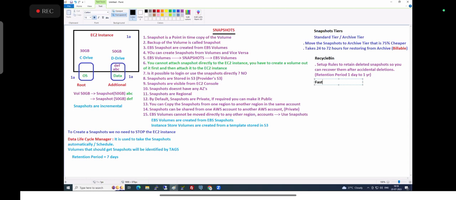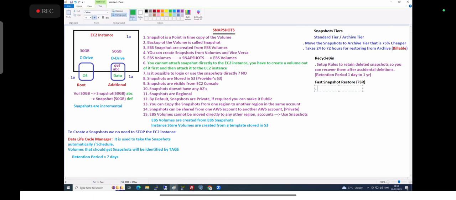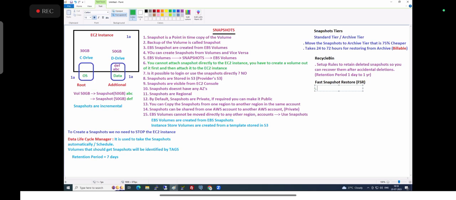And then we have FSR. What is that? Fast snapshot restore. Let's say your volume is 500 GB, and you want to create a snapshot of that 500 GB.